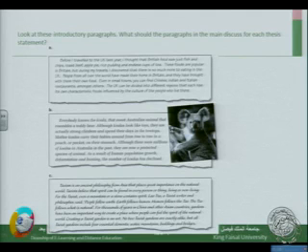Look at these introductory paragraphs again. What should the paragraphs in the main body discuss for each thesis statement? So in the first one, we have one paragraph per region.